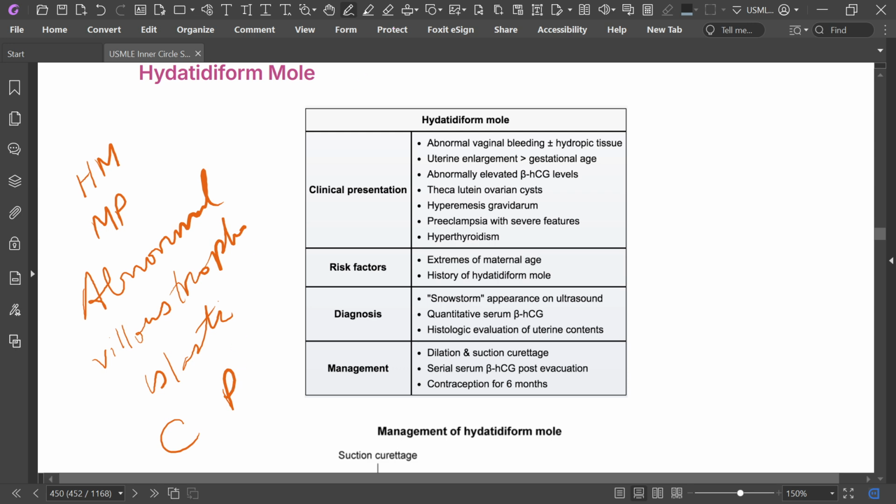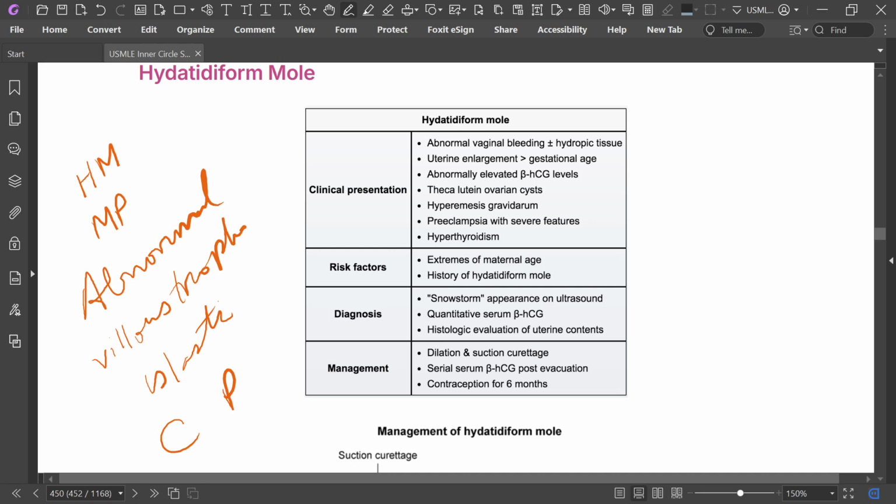What is the pathophysiology? Early pregnancy formation requires maternal and paternal genetic contribution and a balance of maternal and paternal imprinting for fetal and placental development.